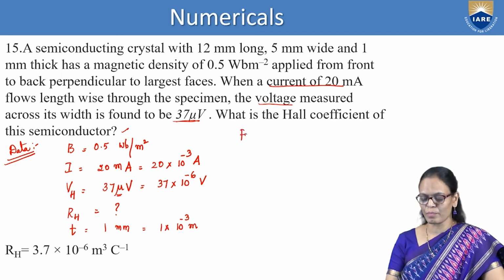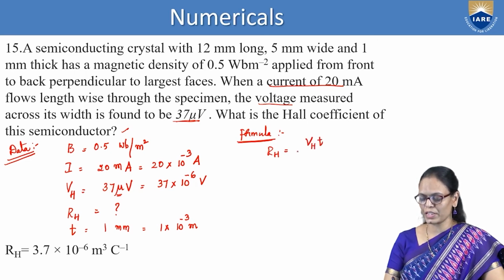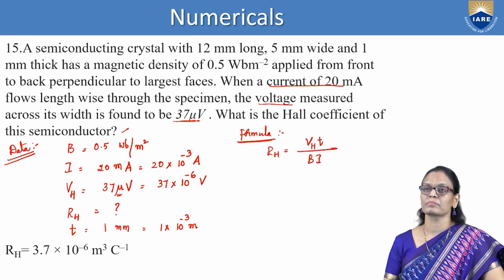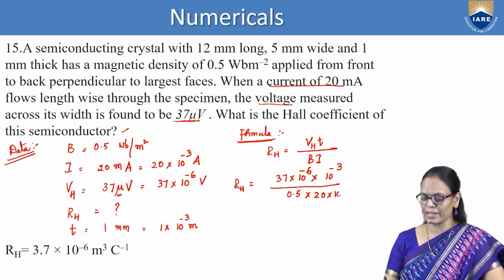So let us write the formula. R_H is equal to V_H into t upon B into I. So R_H is equal to, what is the value of V_H? 37 into 10 power minus 6 after converting it into volts. And the thickness in meter is 10 power minus 3, upon the magnetic field 0.5 and the current 20 milliampere.